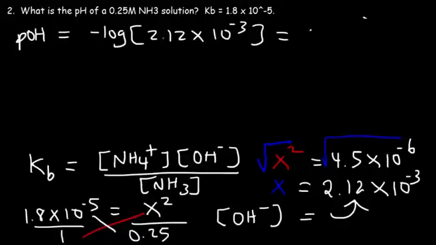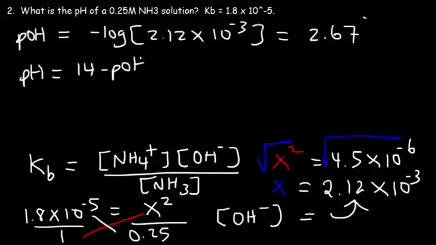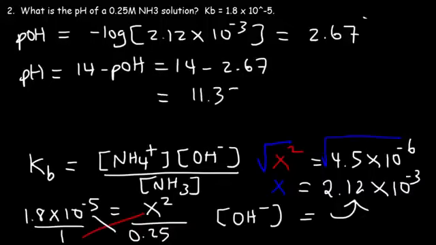So this is equal to 2.67. And whenever you have the pOH of a solution, you can easily find the pH. It's going to be 14 minus the pOH. So the pH is about 11.33. And so that's the answer for this problem.